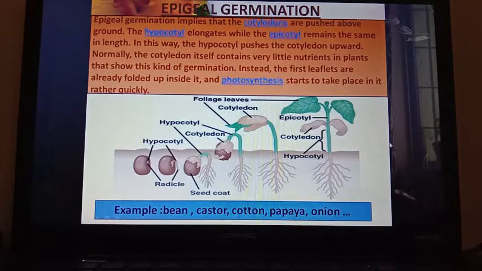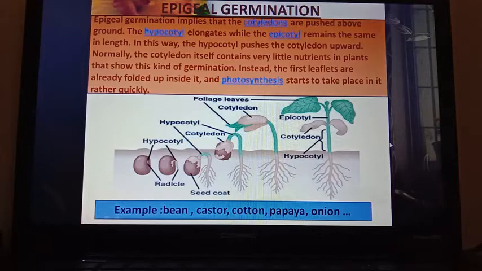What happens in this germination process? Epigeal germination implies that the cotyledons are pushed above the ground. The hypocotyle elongates while the epicotyle remains the same in length. Students, I am telling you, don't be confused in these terms: hypocotyle, epicotyle, epigeal, hypogeal.